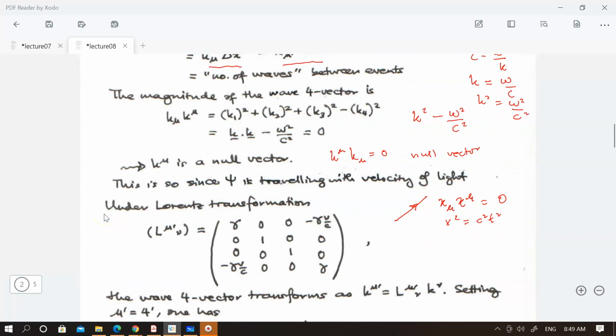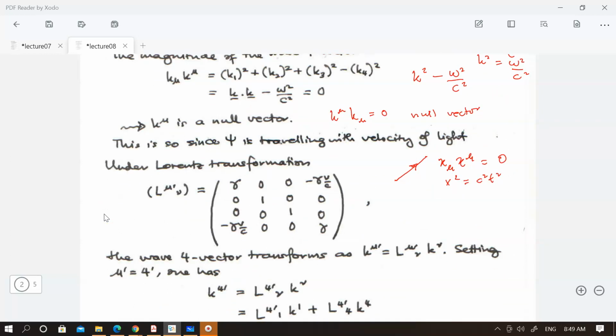All right. So now one can start to think of, for example, a wave traveling with respect to a stationary frame and a wave traveling with respect to a moving frame. For this, you can use a Lorentz boost transformation. Your Lorentz boost transformation is given by this form.